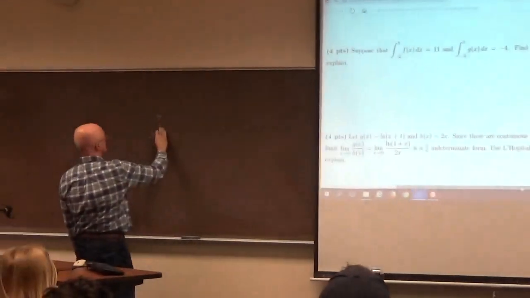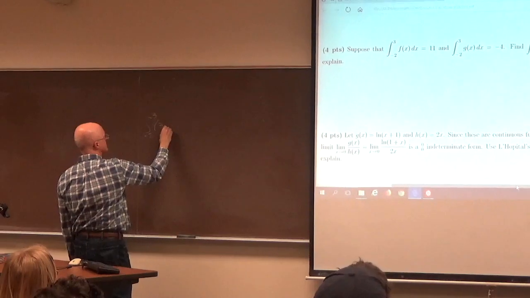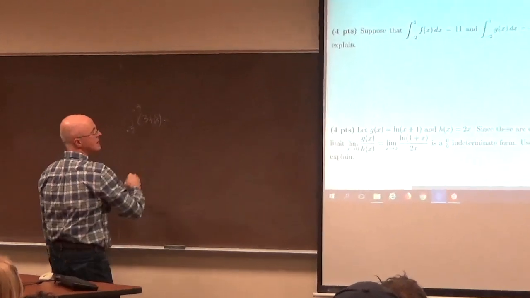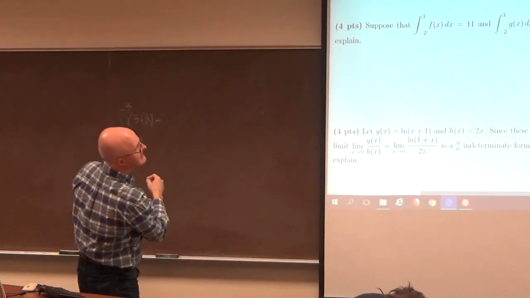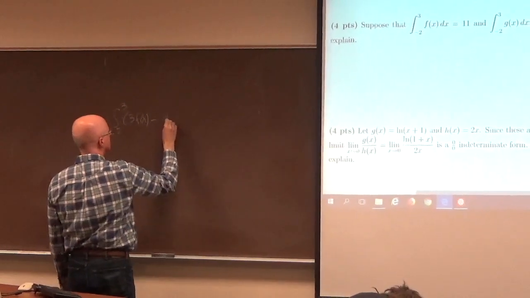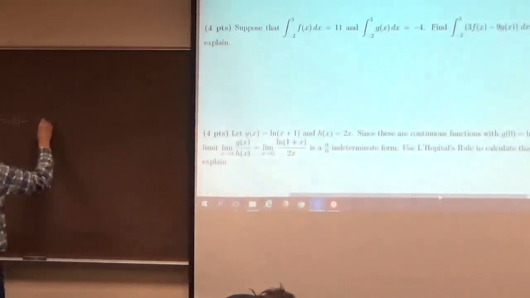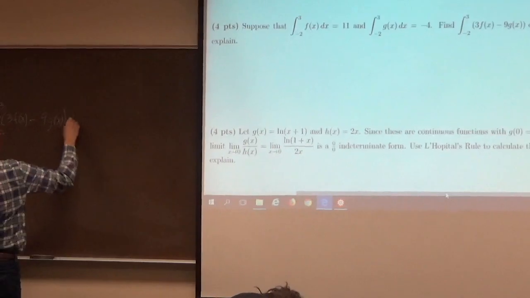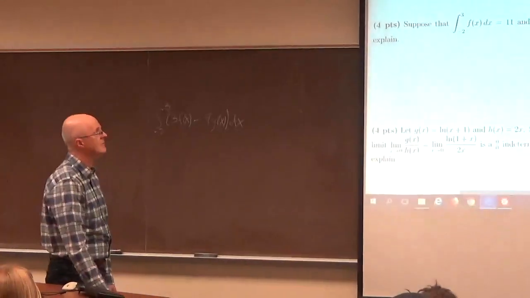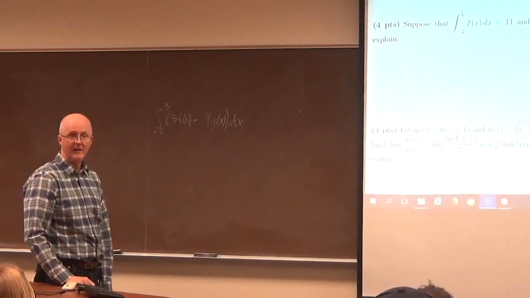We're trying to find the integral of the linear combination 3 times f of x minus 9 times g of x, based on knowing the integral for f and the integral for g.